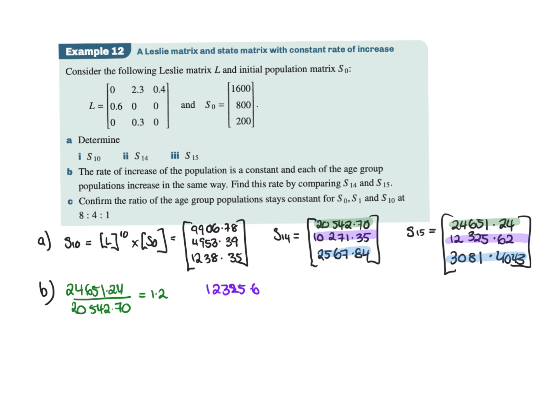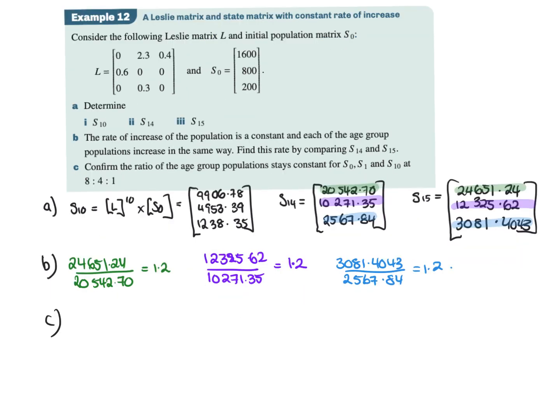They'll say it is going to happen and you need to prove it. So you prove it by showing this. And you do it and that produces 1.2. And then you do the last one. So if all age groups are going up by the same rate, we can say that the population is increasing by that rate because they're all going up.